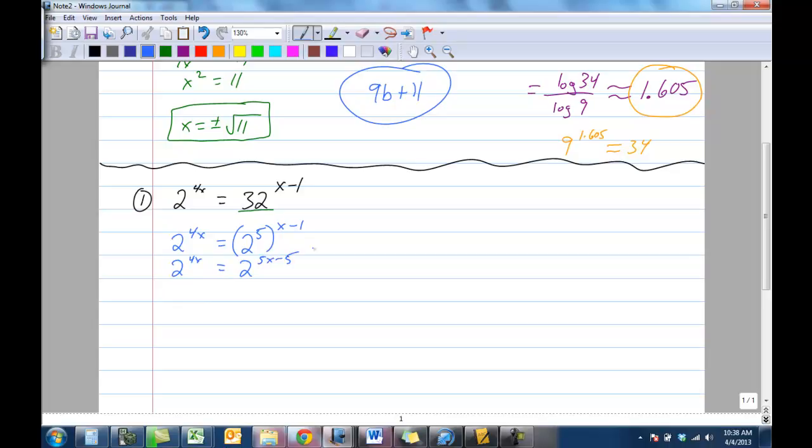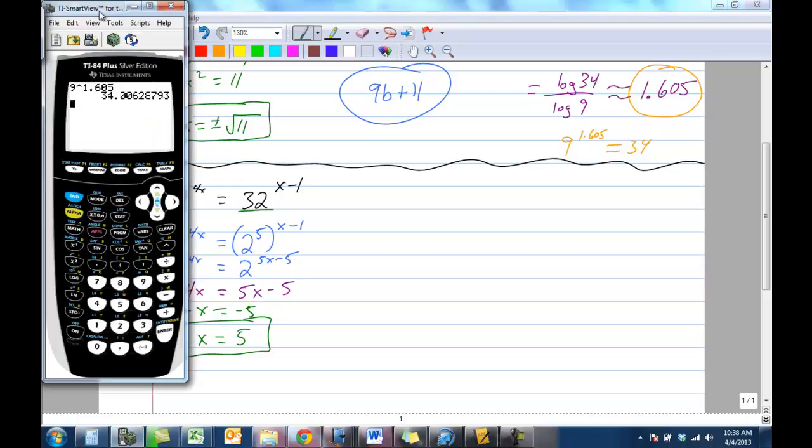Now, if 2 to the this is equal to 2 to the that, does it make sense that this is equal to that? Yeah. So, solve this really quick. I'll race you. You get negative x equals negative 5. x is 5.